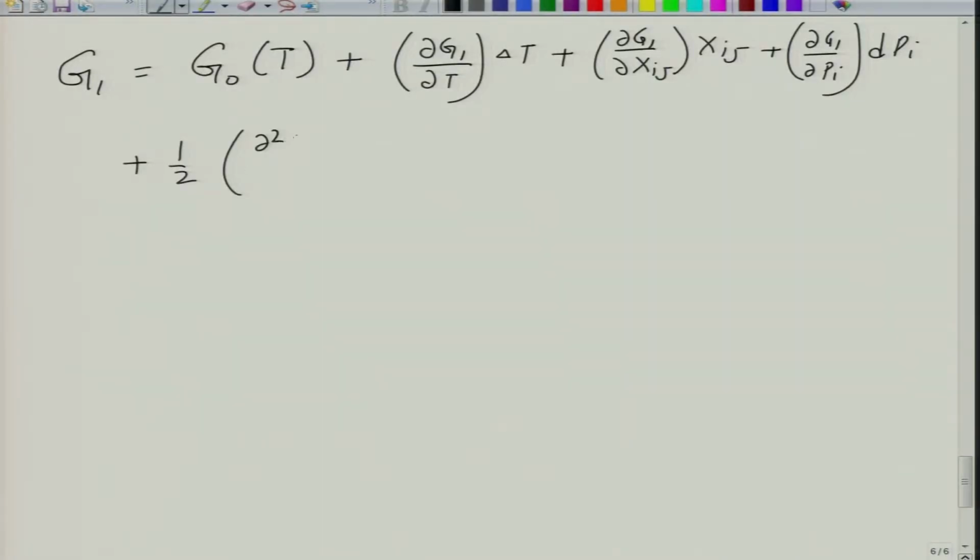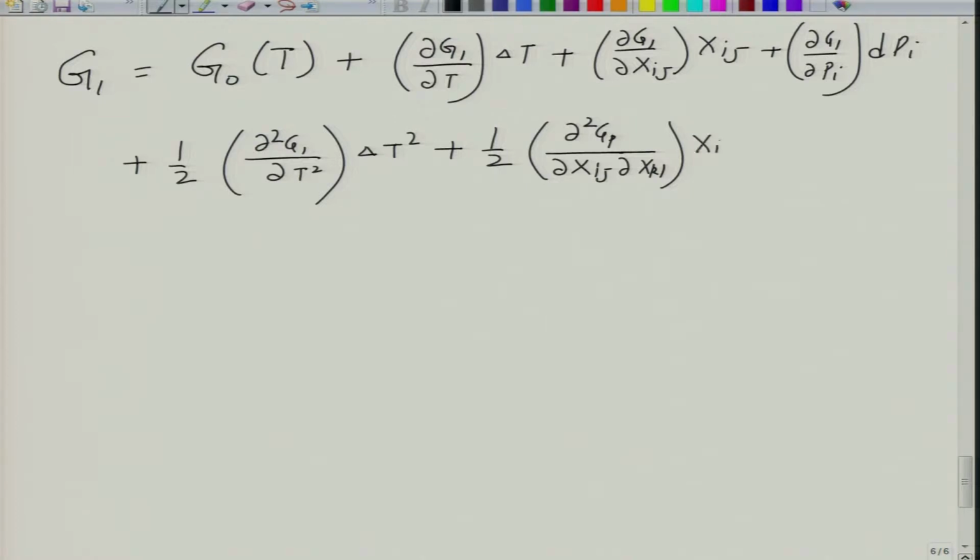So, the second order terms are 1/2 del 2 G1 by del T square into delta T square, plus half of del 2 G1 divided by del Xij del XKL into Xij into XKL, plus half of del 2 G1 del Pj del Pi into Pi into Pj. So, this is the second order term for temperature, stress and polarization.